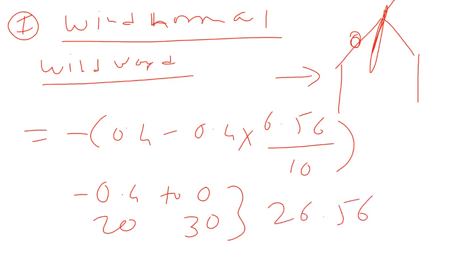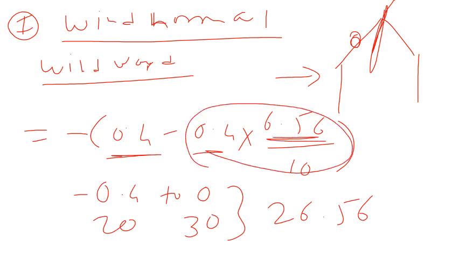So by interpolation, this is simple interpolation, we are getting the unit value here, this is the value for 20, and further we are reducing it by 6.56 units towards 0, right? So this coefficient will become minus 0.1376.